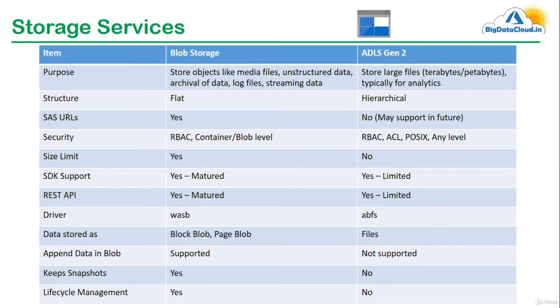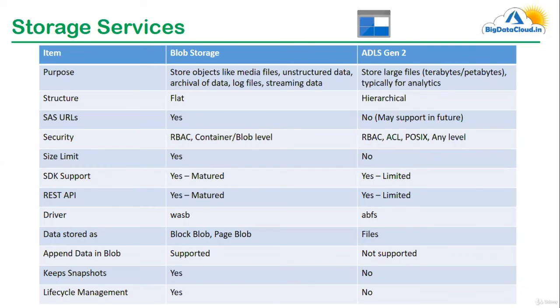Data store as: there are two types of storages inside blob storage. One is blob and the other is page blob. Generally, we use blob for data analytics and data processing purposes. Page blobs are used by Azure, or even you can use them, but mainly the purpose of page blob is to have a disk kind of storage.